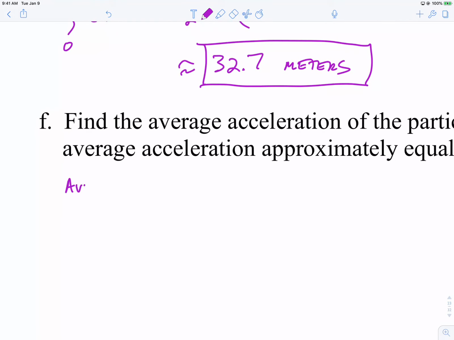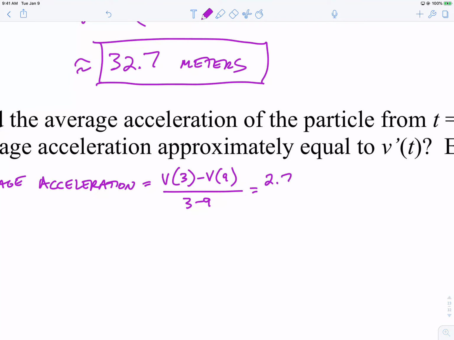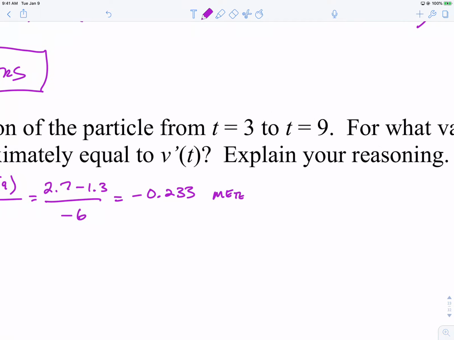So our average acceleration from 3 to 9 will be the velocity of 3 minus the velocity of 9 over 3 minus 9. That's going to be 2.7 minus 1.3 all over negative 6. It's equal to negative 0.233 meters per second squared.